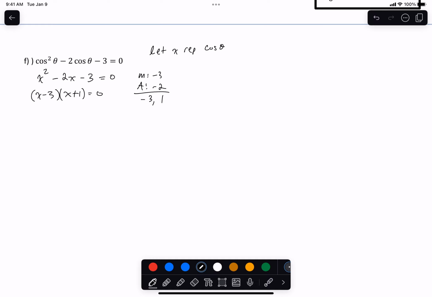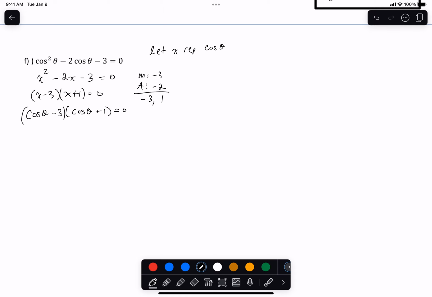Okay, and then from here, I can just isolate for x, I suppose, but we could also, this is not too scary now, put cosine back in. Right, and I'm going to get (cos theta - 3)(cos theta + 1) = 0.